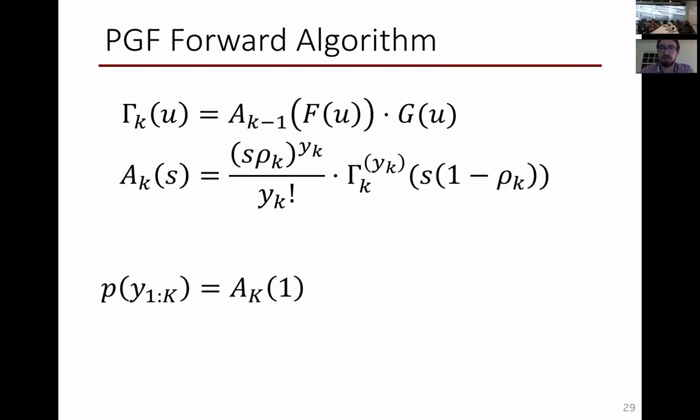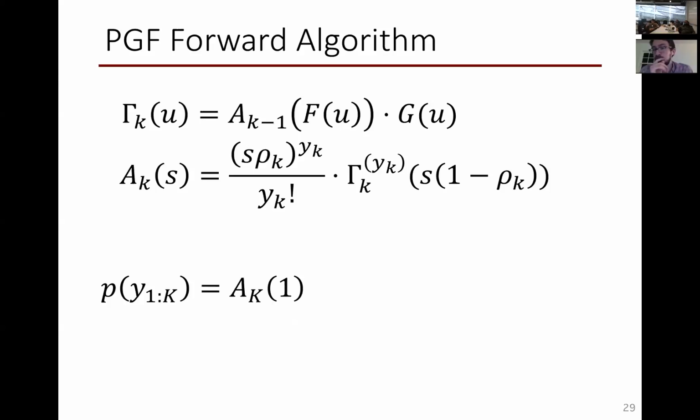If you imagine unrolling this recurrence, you have these high order derivatives. I mean, yk is fairly high order. These are the magnitude of our observed variables. So as we keep unrolling this recurrence, it explodes exponentially, and was just grossly intractable, even with some really fancy symbolic math libraries. This was just really not a good way to go about it.